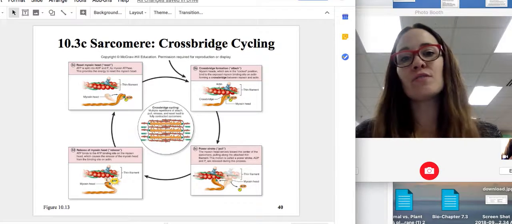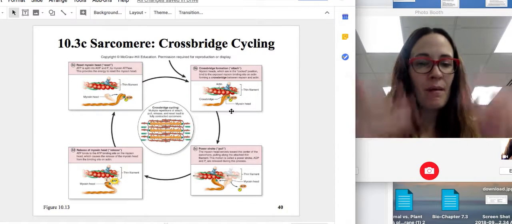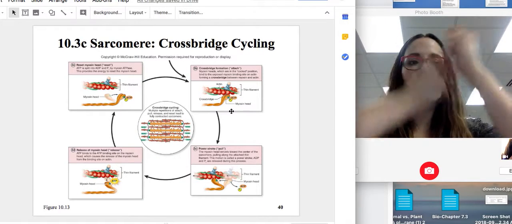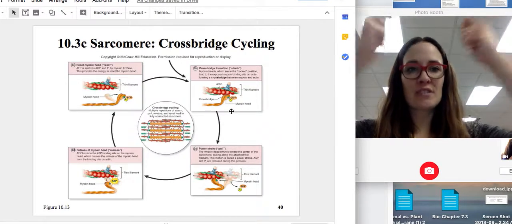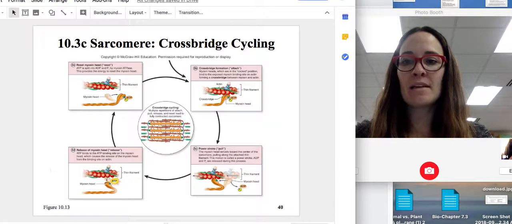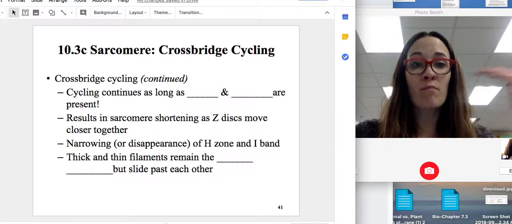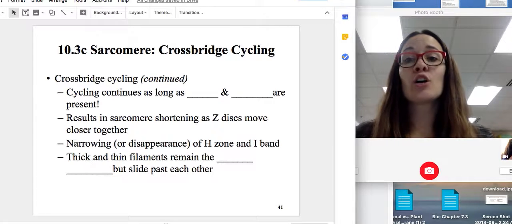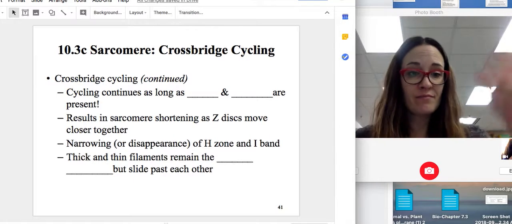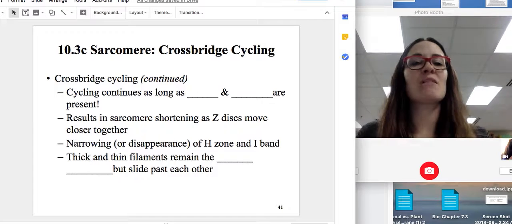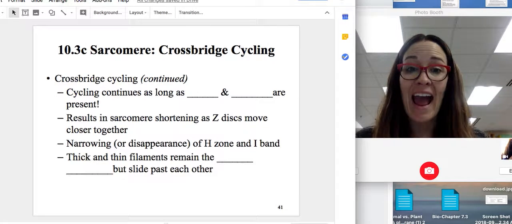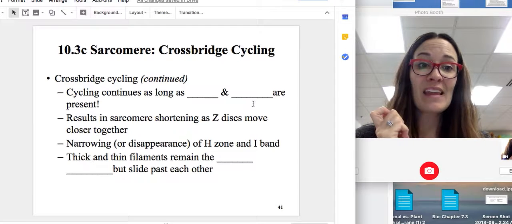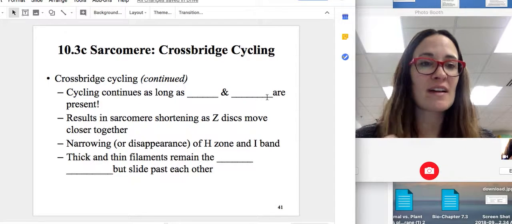Now, what I would do is go through each step, use your arms to demonstrate what's happening, and talk yourself through the cross-bridge cycling. And that's what's actually causing the filaments to slide across each other. The myosin will grab the actin and pull it as long as calcium and ATP are present.